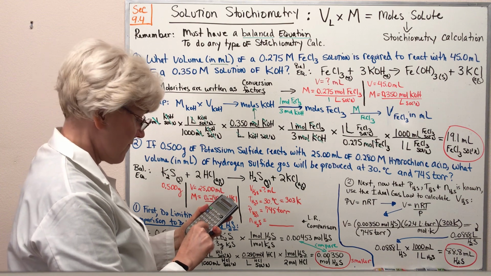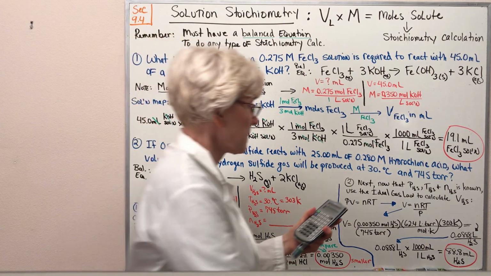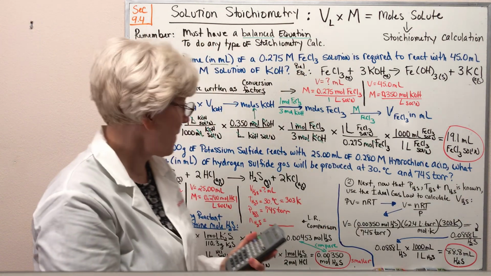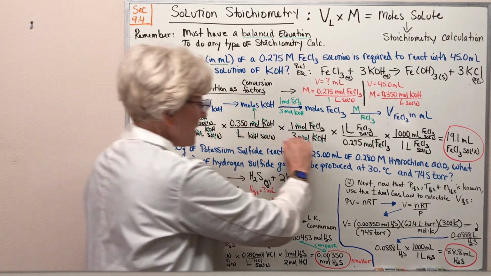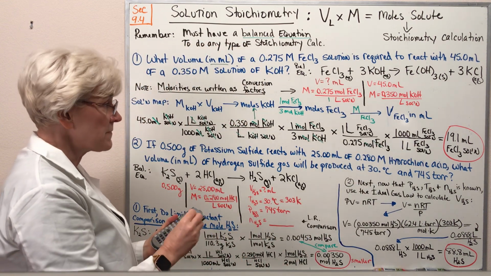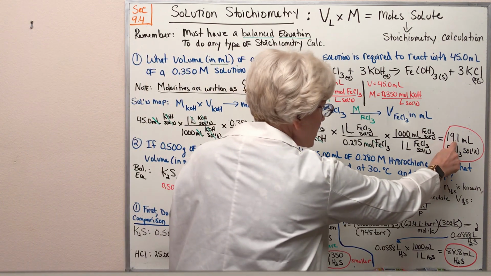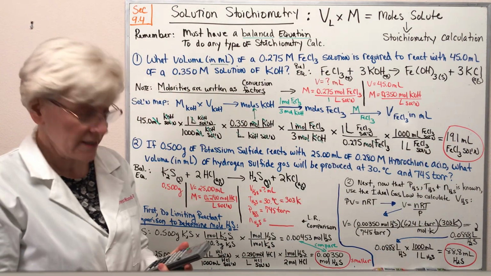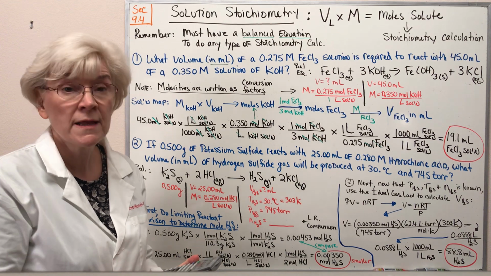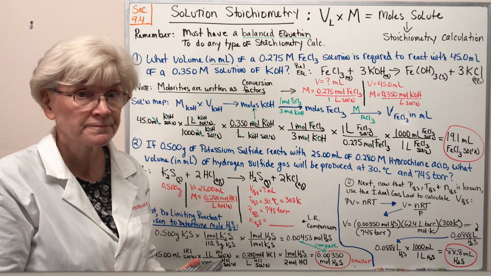It helps to be fast on a calculator and accurate. And double checking my answer, I see my setup has 3 sig figs as the minimum number of sig figs involved. So my answer expressed with 3 sig figs is 19.1 milliliters of iron(III) chloride solution.